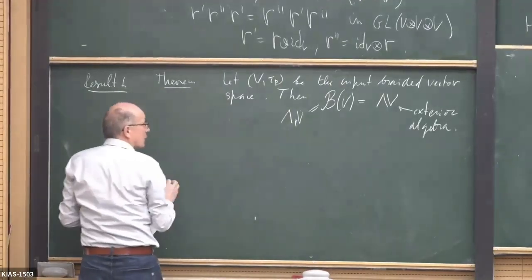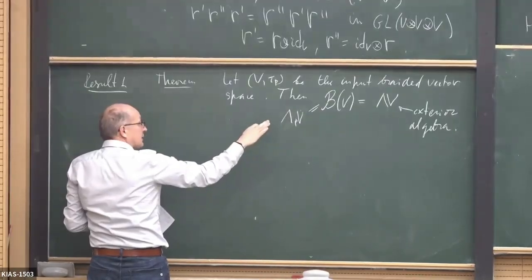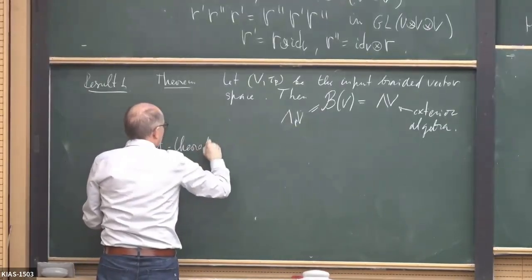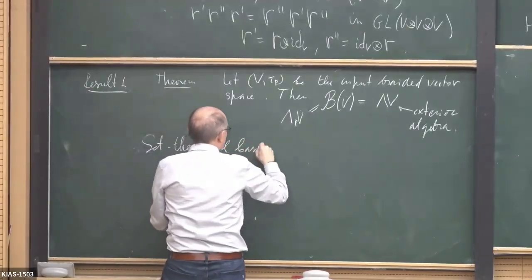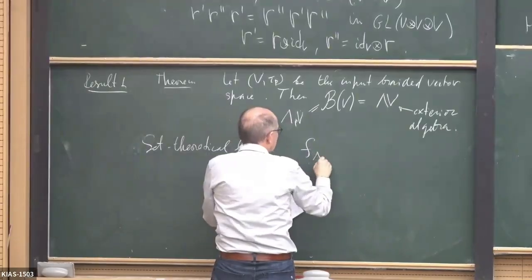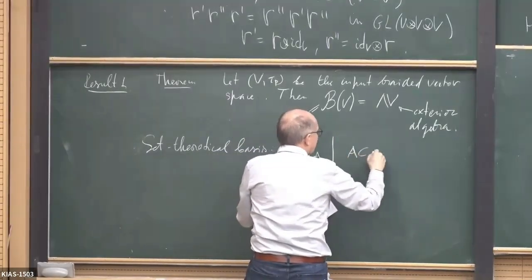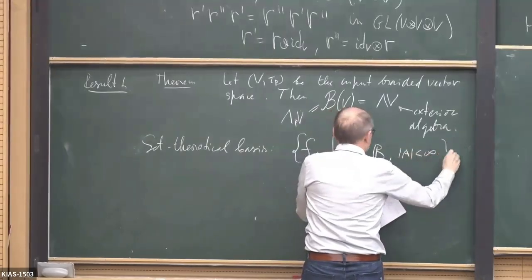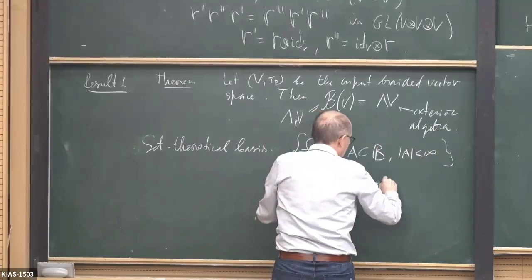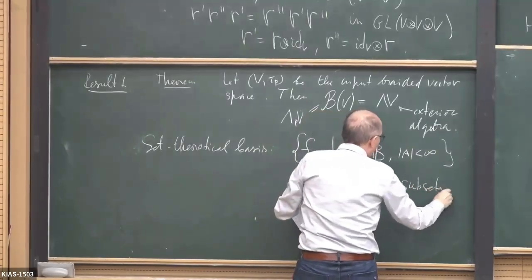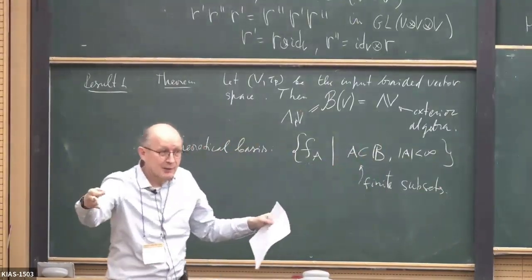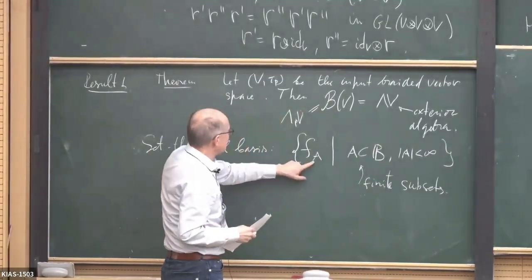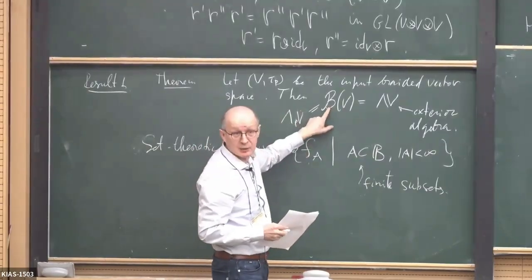And now I want to describe the natural set theoretical basis, which is given by f_A, where A runs through the finite subsets of the input linearly ordered set, which is a basis in this exterior algebra.